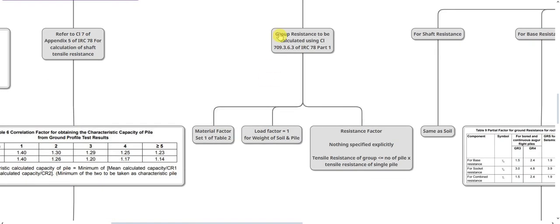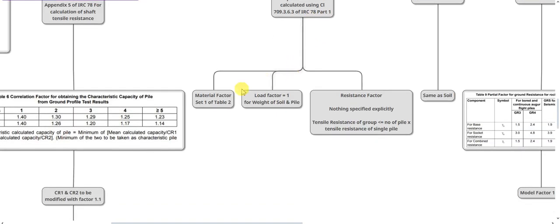For group resistance, we need to follow clause 709.3.6.3 of IRC 78 Part 1, and the material factor shall be set to 1 of Table 2. The load factor is equal to 1 for weight of soil and pile, and for the resistance factor, there is no additional resistance factor given for the group action.